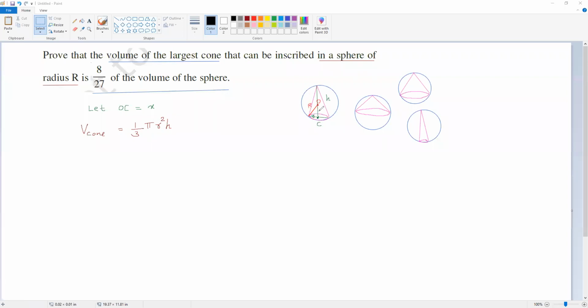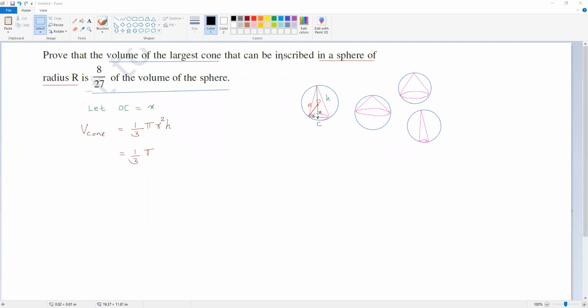Now here there are two variables, r and h, because small r and small h are variables. We have to convert this into a single variable. So this is equal to 1 by 3 pi into r square.